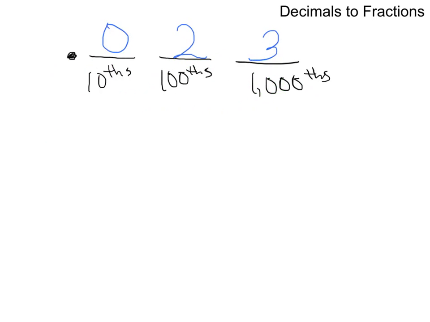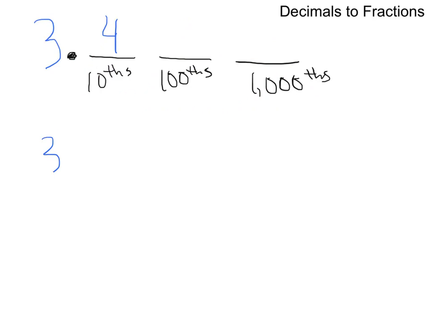And we also know that sometimes we will have a whole number in front of the decimal, or to the left of the decimal. So this is 1 and 23 thousandths. We might also have 3 and 4/10.